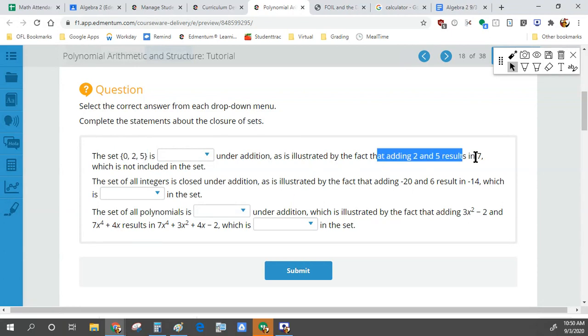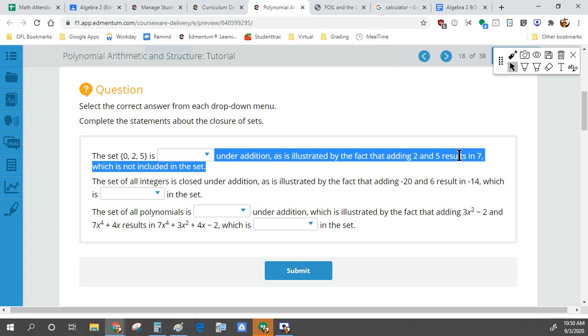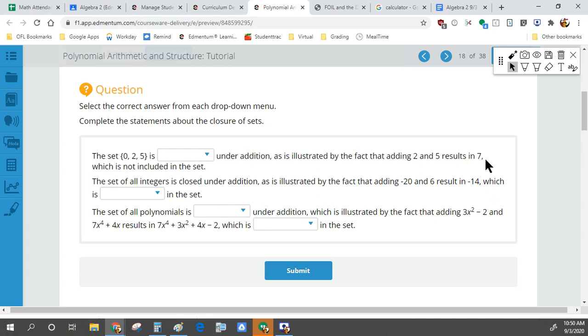If we add these two together, 2 plus 5, we get 7. 7 is not in our terms here. So that means this is not closed under addition. If we add 2 plus 5, we don't get a 0, 2, or 5. So this is not closed.